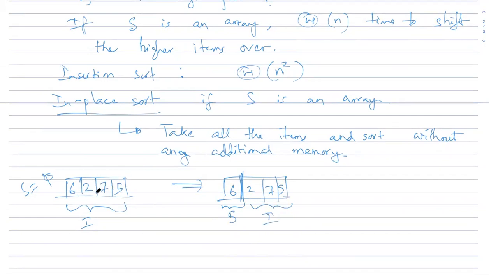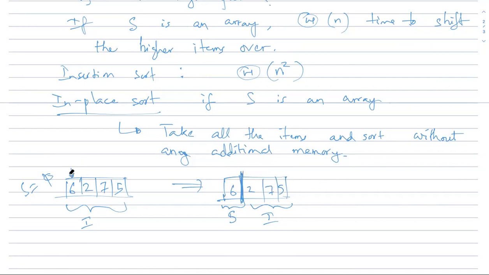We are going one step at a time. So you want to select the 6 and position it appropriately. If you just shift this boundary between the sorted and the unsorted, it does not make much of a difference because there is only one element at this point.